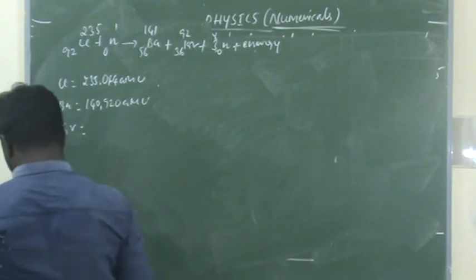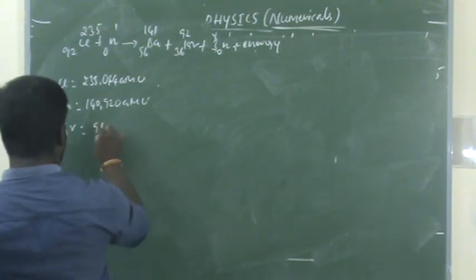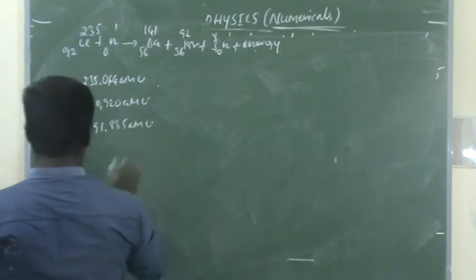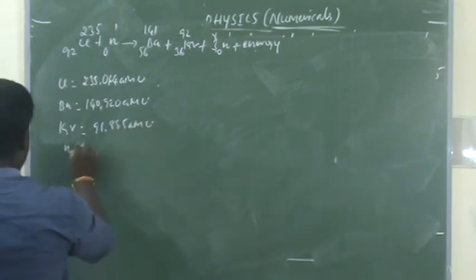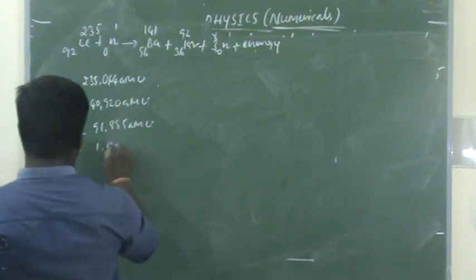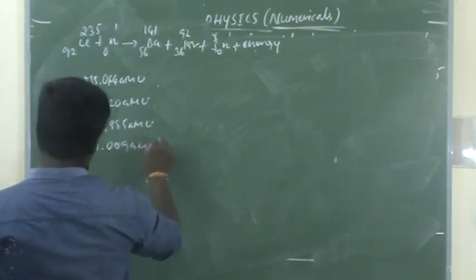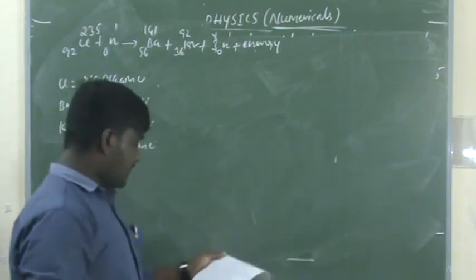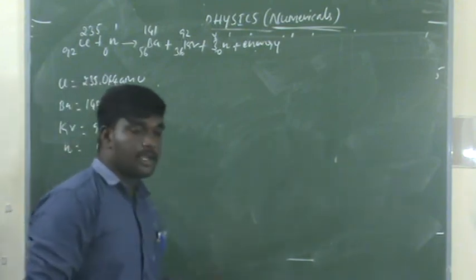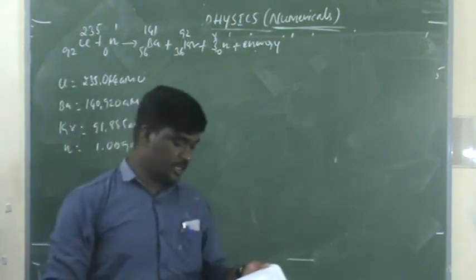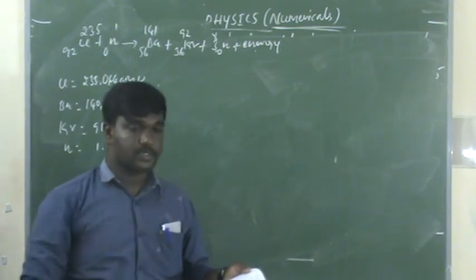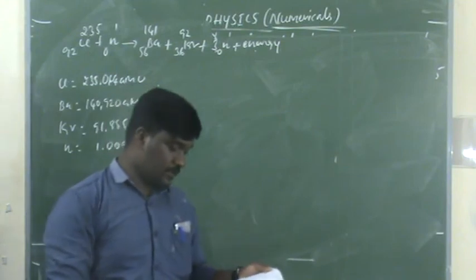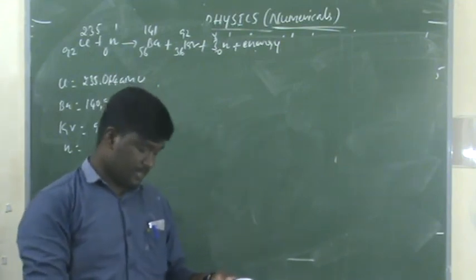Krypton 91.885 atomic mass unit, and neutron 1.009 atomic mass unit. So these are the given data. Here we calculate the energy released in joules, how much energy is released in joules for 2 grams of uranium.